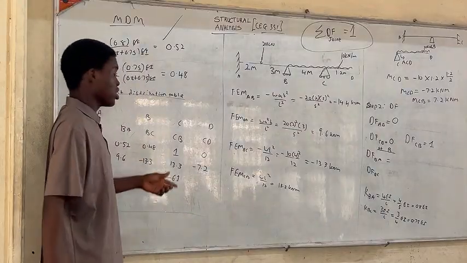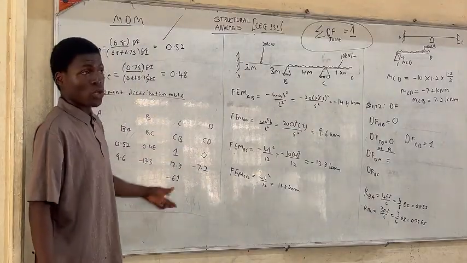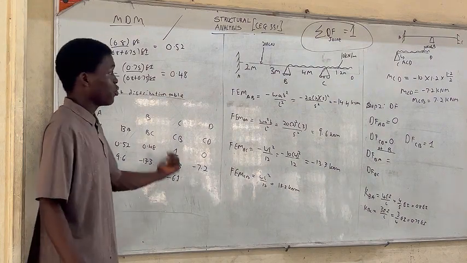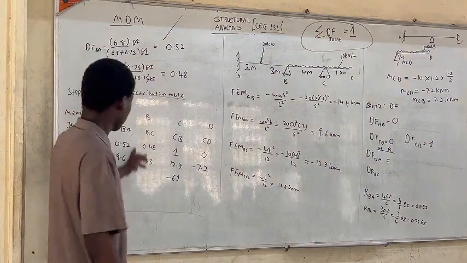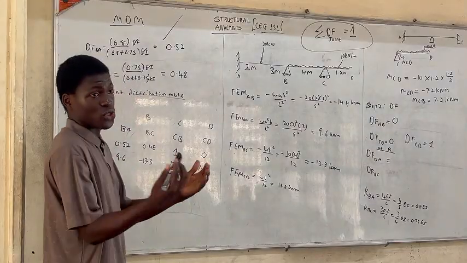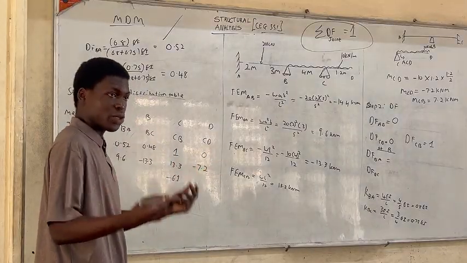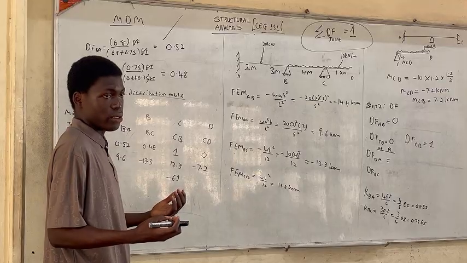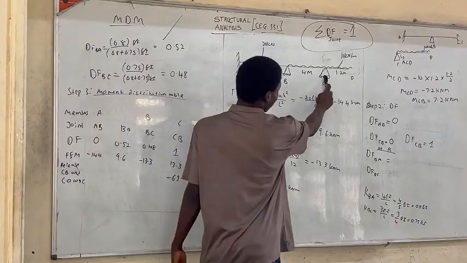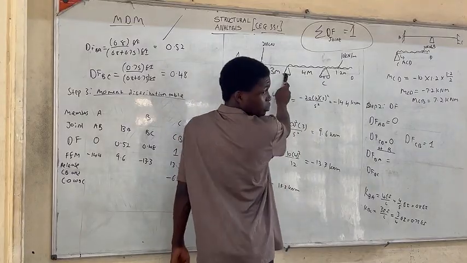so what we've just done is we've corrected CD. So we call it a release at CD. And the moment you do this, you make a carryover. You should have a carryover to this other one. I know the carryover happens between two supports. Distribution happens at a joint. Carryover happens between two supports. So carryover from this guy to this guy.